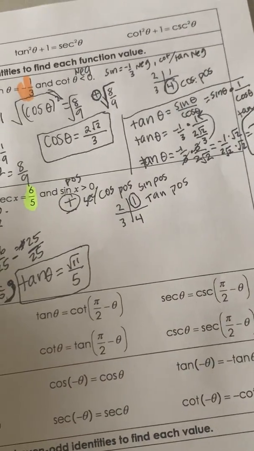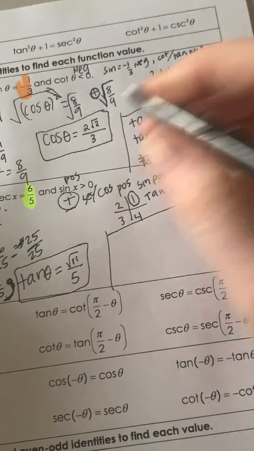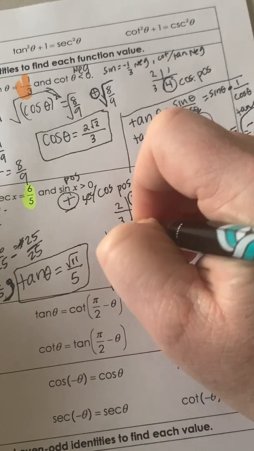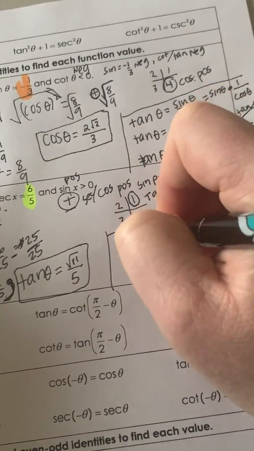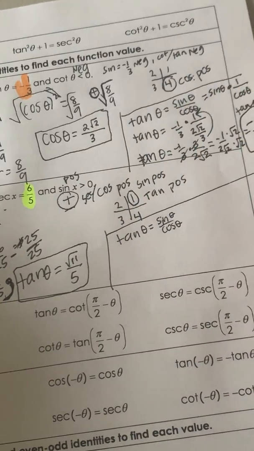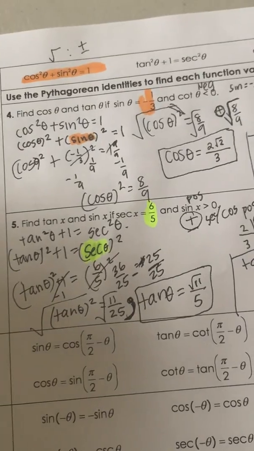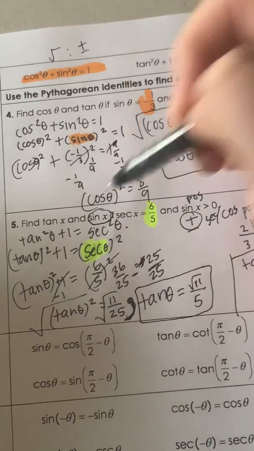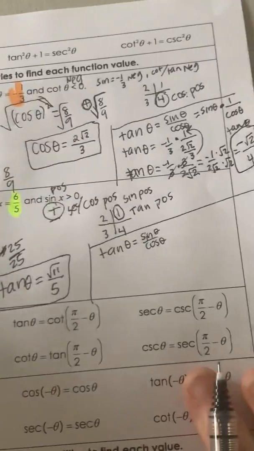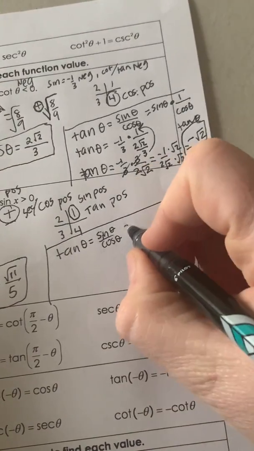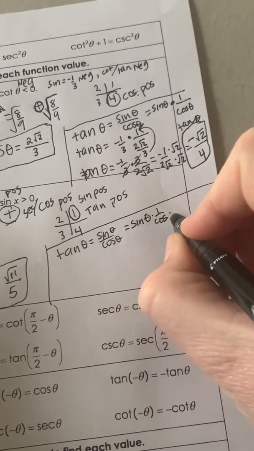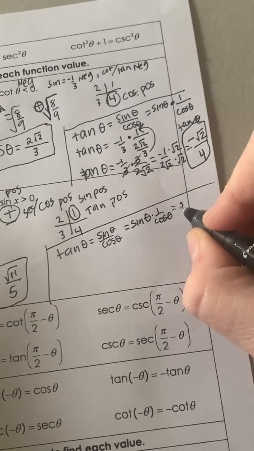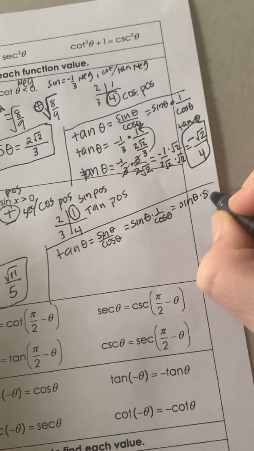Now, let's use the quotient that tan theta is sine theta over cosine theta to figure out sine. But we're given secant, so that'll help us out: sine theta times 1/cosine theta is sine theta times secant theta.